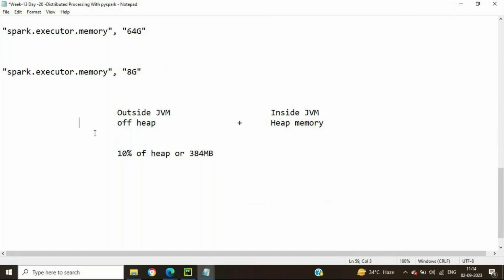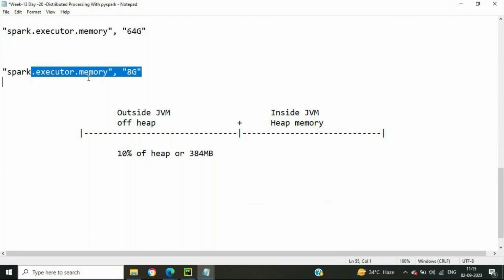So let me mention what we are having: heap memory and off-heap memory. This is the complete 8 GB that we have mentioned.